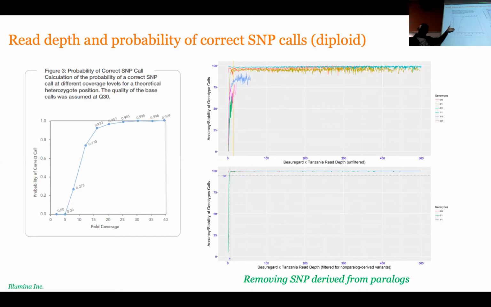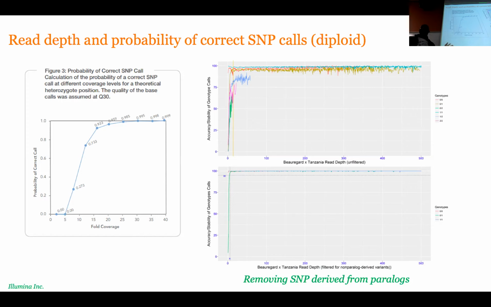They're saying if you have one read, the probability of calling the right genotype is like 0, and we know why. If you have 2, 3, they're basically saying you need to get up to about 5 or somewhere between 5 and 10 to really start recovering your genotypes accurately.